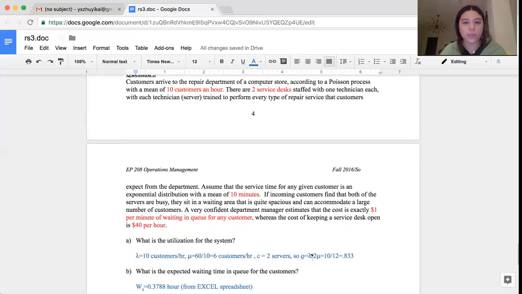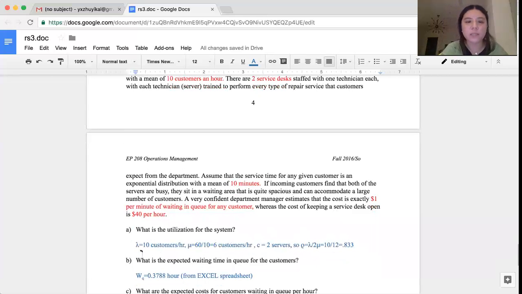So rho equals lambda divided by 2 mu, and then it equals 10 divided by 2 times 6, which is 5/6. And this is the rho, the utilization of the system. And we can plug in the numbers to the Excel, and it gives us the same number too.